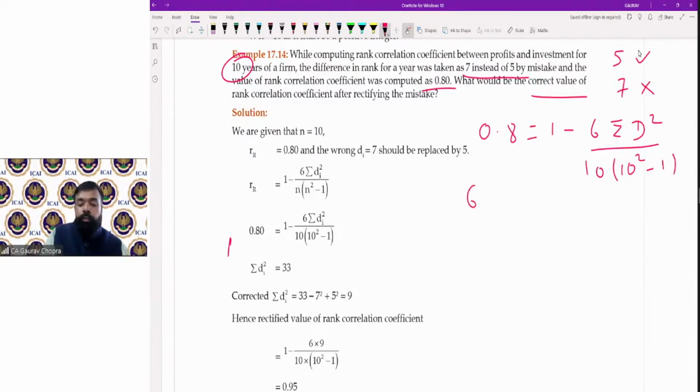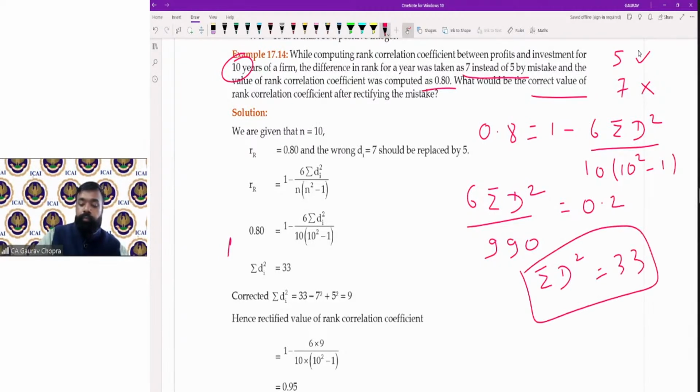So this will come on right hand side, left hand side, 6 sigma d square upon 990 is equal to 0.2. So from here, sigma d square will be 33. So sigma d square आ गया है आपका कितना 33. Now you have to do the correction in this. So Tanvi says 0.95 is the answer. Okay.